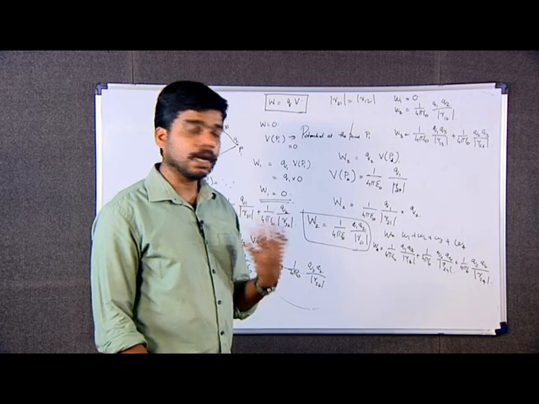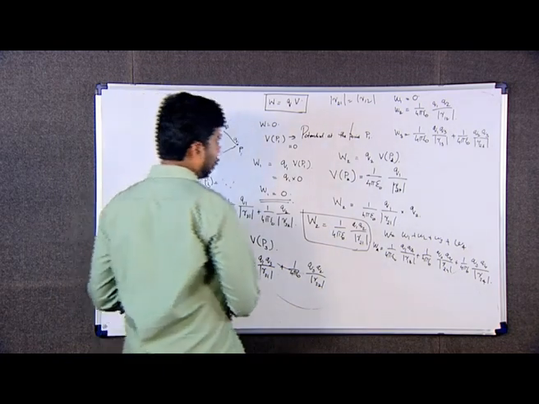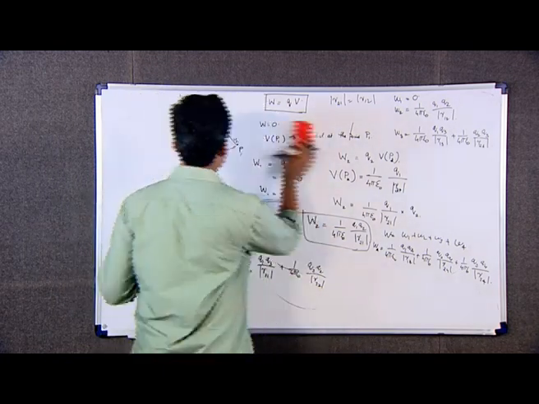So, this is the work done to assemble the fourth charge. So, what is the total work done? The total work done is W1 plus W2 plus W3 plus W4.